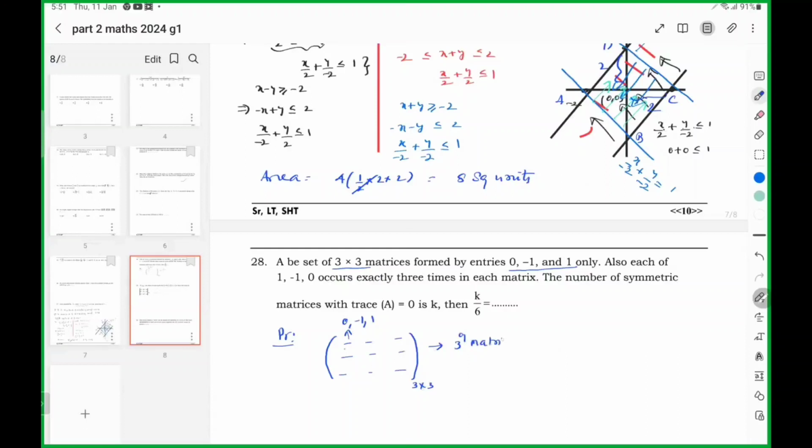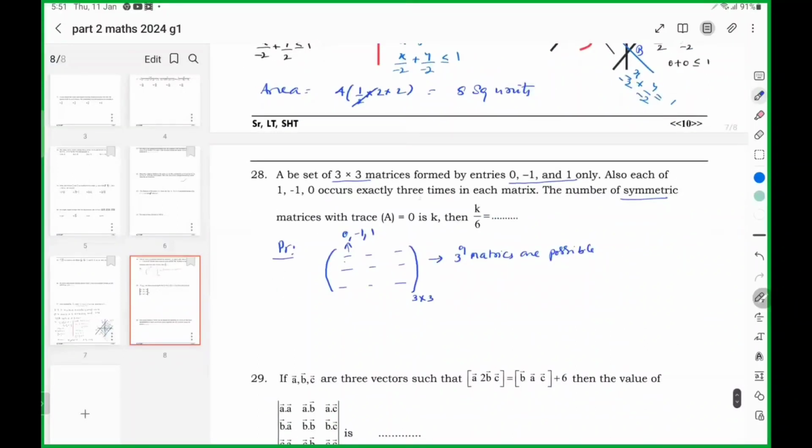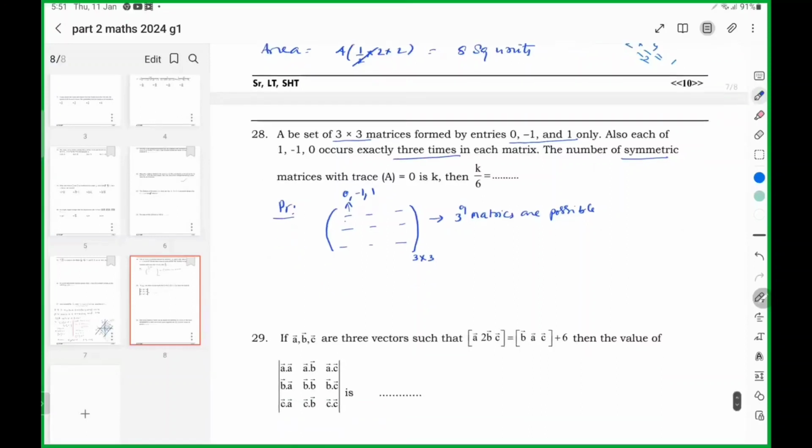That means 9 places, 3 power 9 matrices are possible. But we want symmetric matrix. And one more condition, so we can't take all 3 power 9 matrices because each number must appear 3 times. So there are different possibilities.